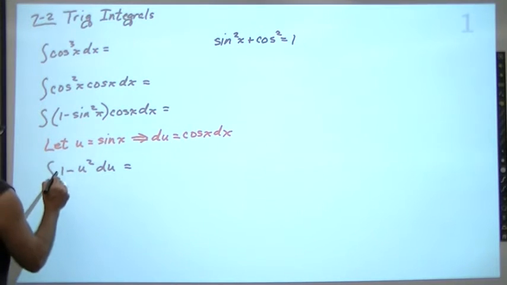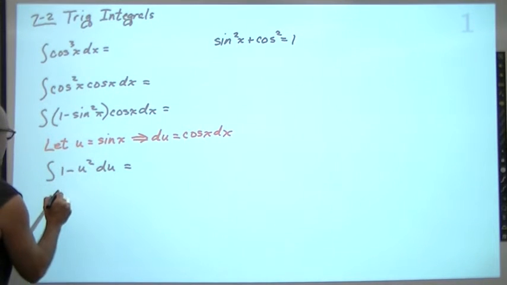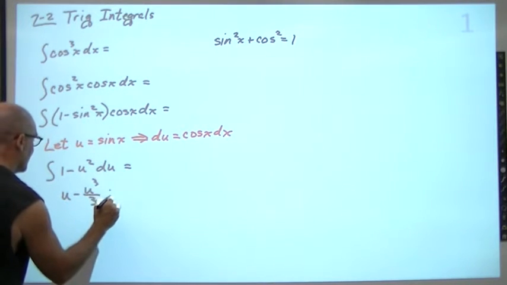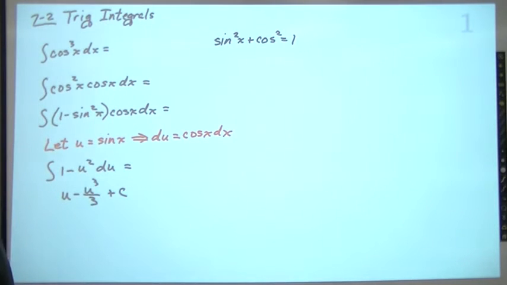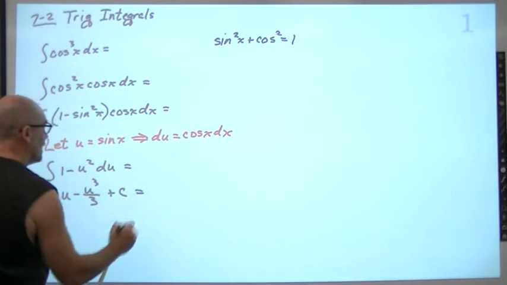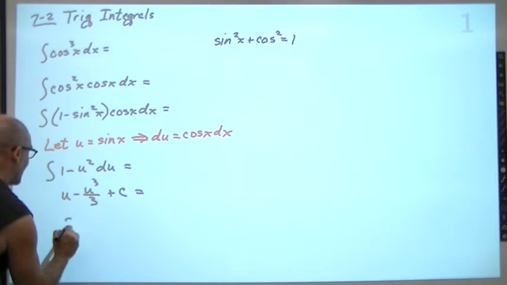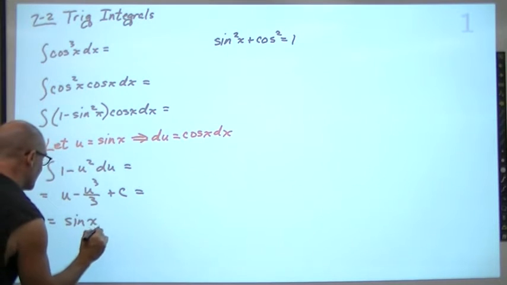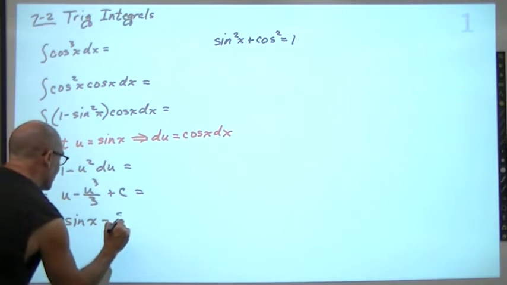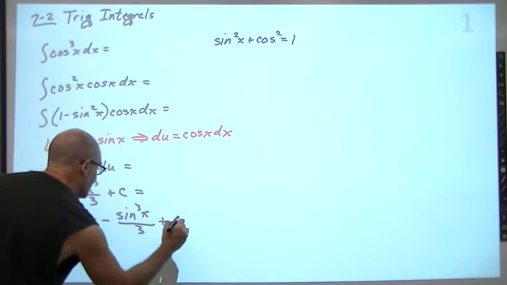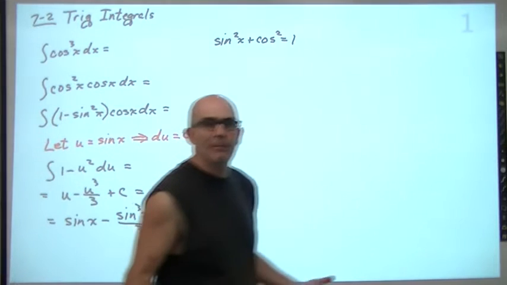The integral of 1 minus u squared is going to be u minus u cubed over 3 plus c, senor. So now I just plug my sine x back in for u. So I end up with sine x minus sine cubed x over 3 plus c. That's it, game over.